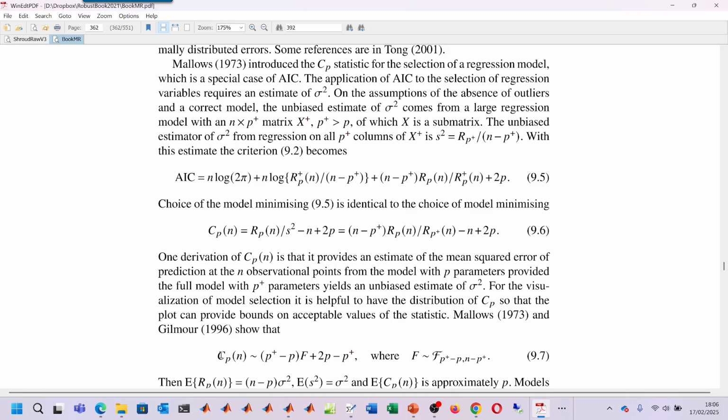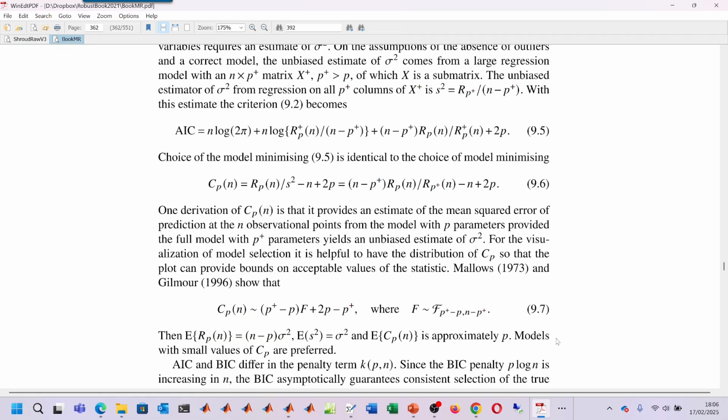Mallows and Gilmore have both shown that Cp for all n observations is distributed in this form here, where the calculated statistic F has an F distribution on p+ minus p and n minus p+ degrees of freedom, so that we can get bounds on the value of Cp(n). This is the statistic for all observations. We're going to use the forward search, and we will be estimating using subsets of size m.